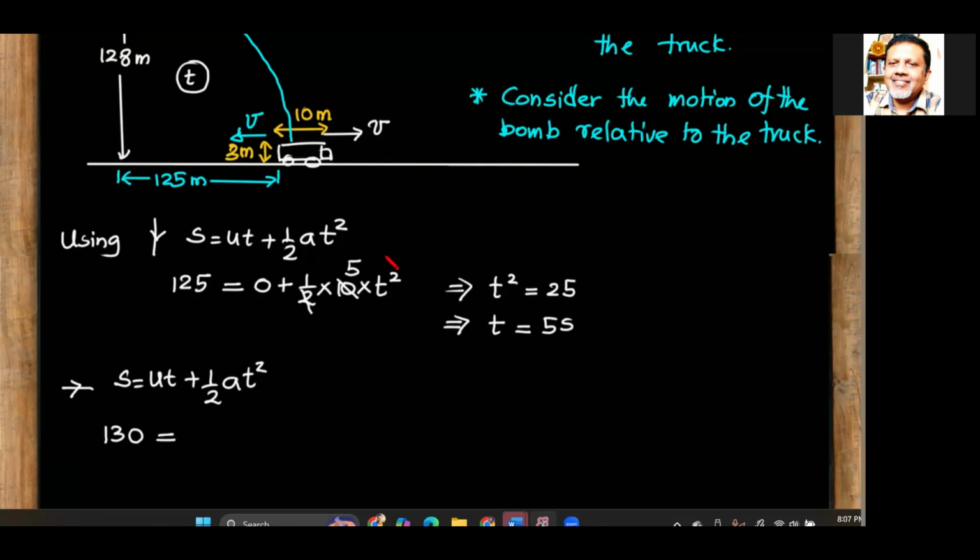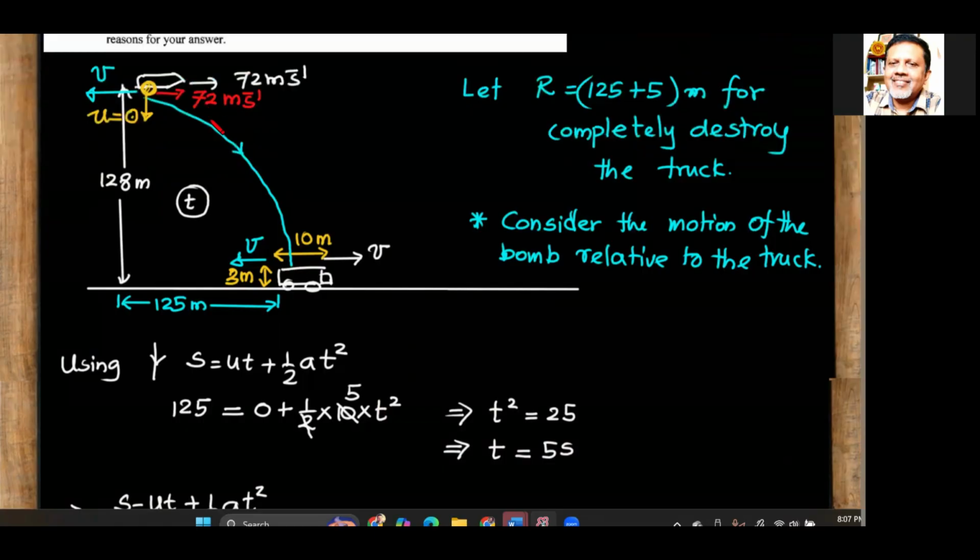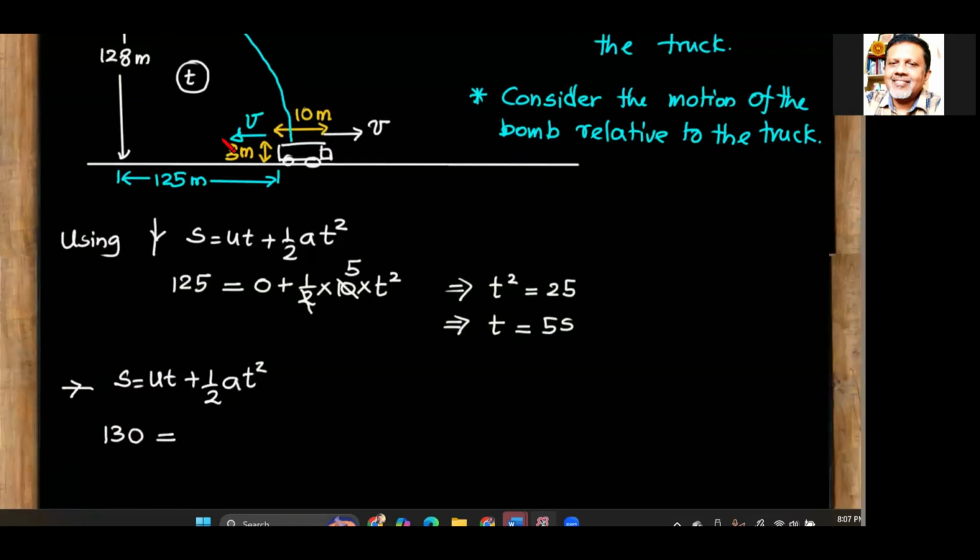Initial velocity should be the relative velocity 72 minus v, right? So here 72 minus v times the time, simply t equals 5 seconds. The other term should be equal to 0 because there is no horizontal acceleration.